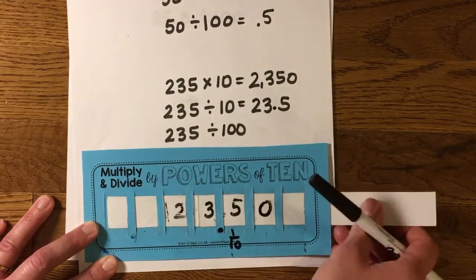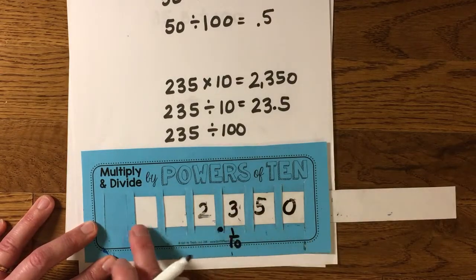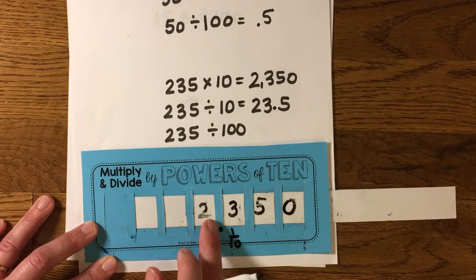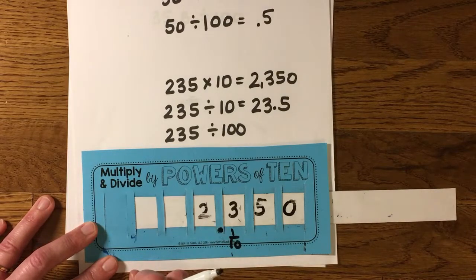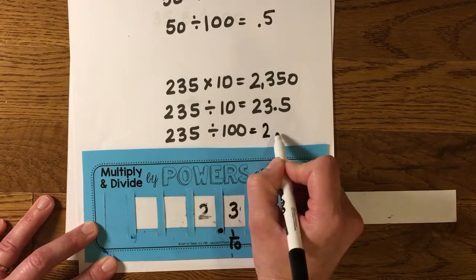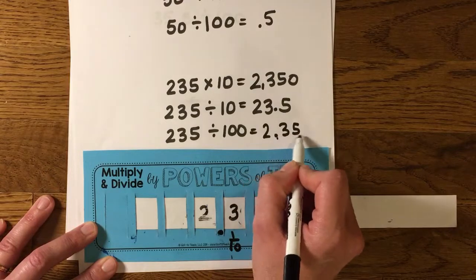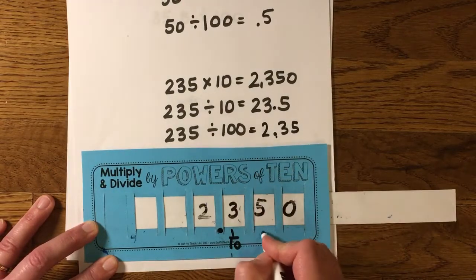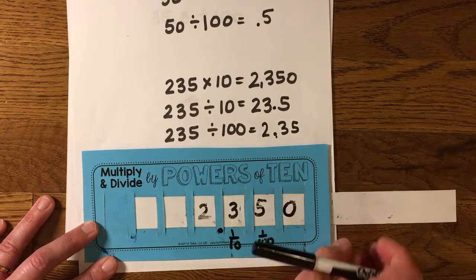There's 1 and there's 2. So that 200 went all the way down to a 2 because it shifted 2 places to the right, or became 100 times smaller. So now that gives us a 2.35, or a 2 and 35 hundredths. So we ended up in the hundredths spot when we were finished.